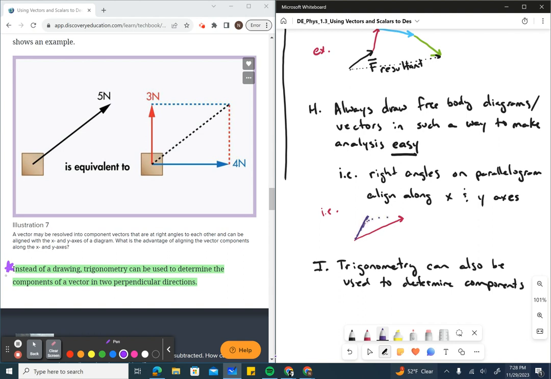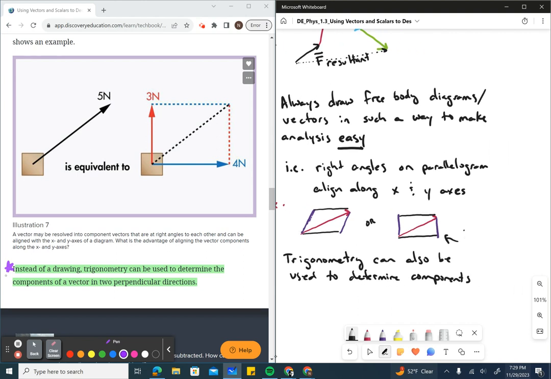Here I can go that way, and that way, and like this and like this. Well, you could do that, but wouldn't it be easier if you said, let me just make this come straight up, this one straight down, and then my black one goes straight across. See here? This is the better choice. This is the better diagram.